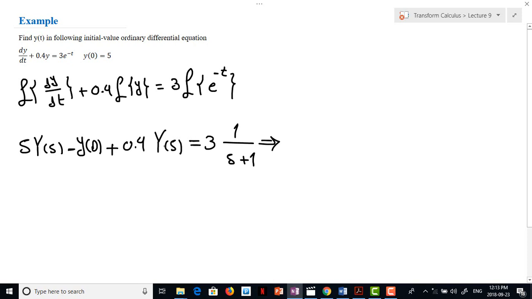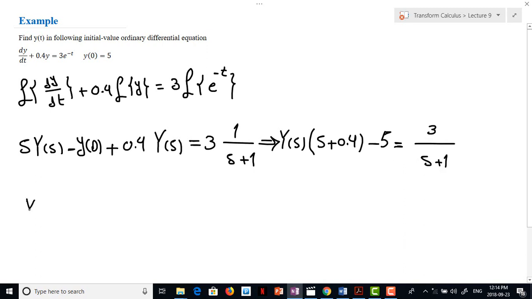As a result, here I can just factor Y(s) out. So we have Y(s) times (s plus 0.4) minus y at t equal to 0, which is given here. y at t equal to 0 is 5, so minus 5. It's equal to 3 over s plus 1.